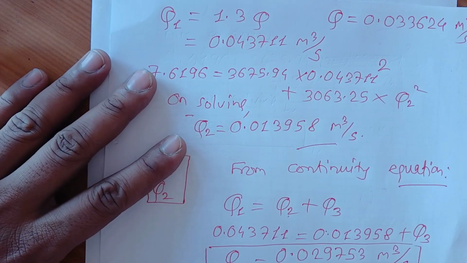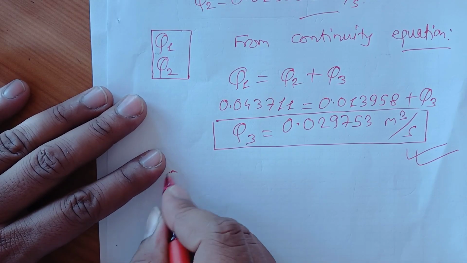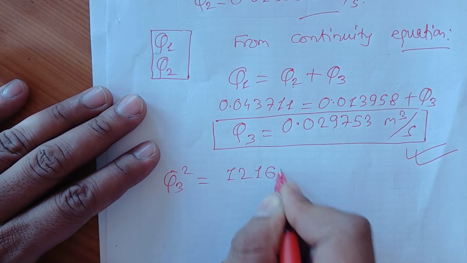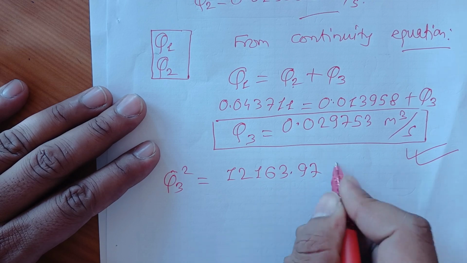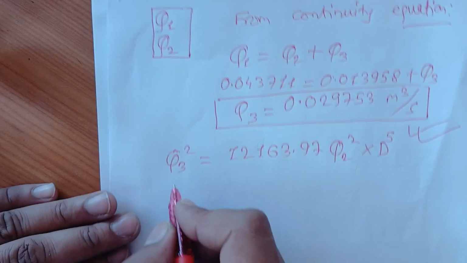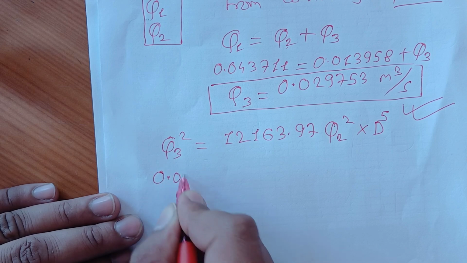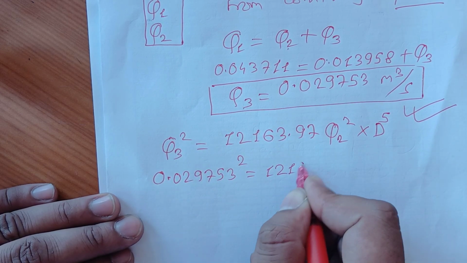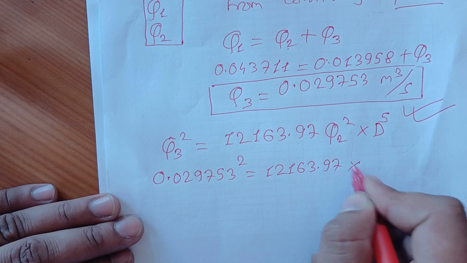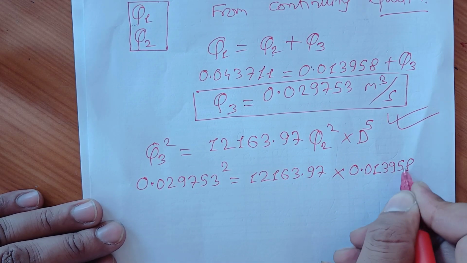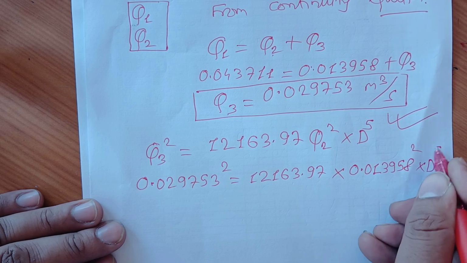That is Q3 squared is equal to 12163.97 Q2 square into d to the power 5. Let's substitute this Q3. Q3 is how much? 0.029753 square is equal to 12163.97 into Q2 is how much? 0.013958 square into d to the power 5.